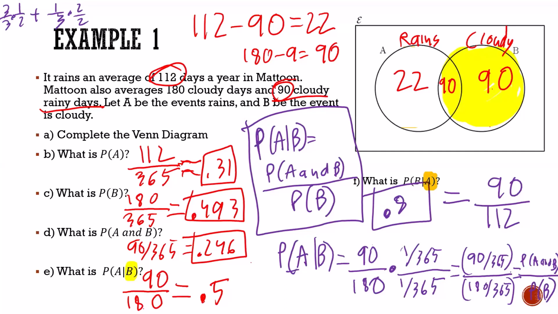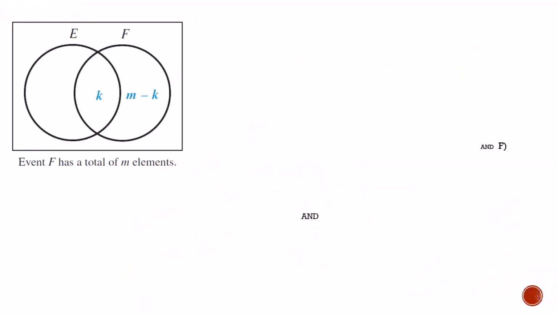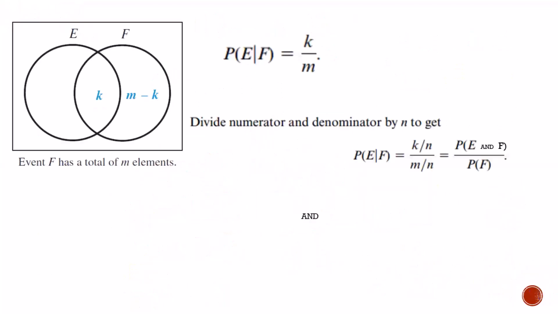Let me give you some other intuition here. To generalize this, suppose that event F has M ways that it can occur. K of those ways also involve E occurring.